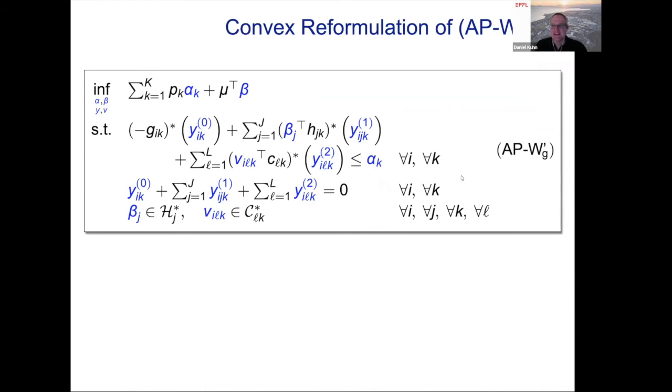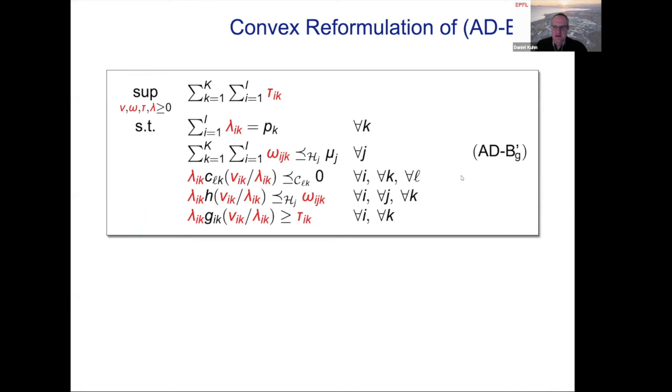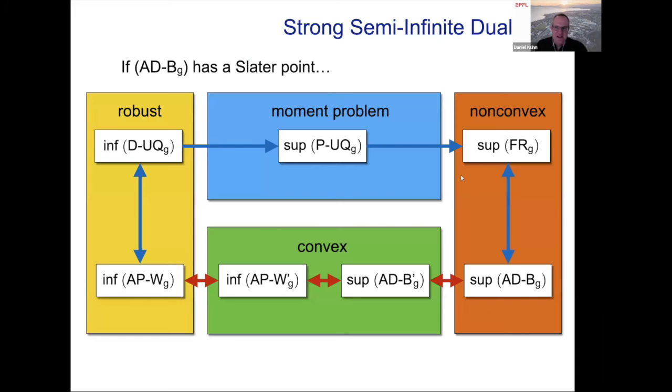So we can then again interpret the dual uncertainty quantification problem as a primal-worst problem, which admits the explicit convex conic reformulation shown here. Similarly, we can interpret the finite reduction as a dual-best problem that admits the explicit convex conic reformulation shown here. Again, the details of the formulas do really not matter here.